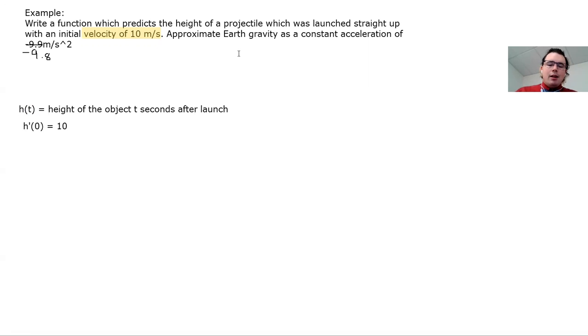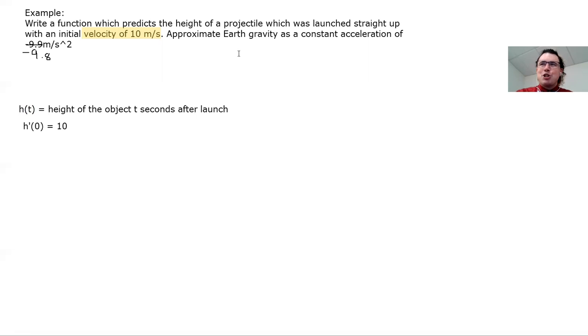However, this setup is telling me that I can approximate gravity in terms of constant acceleration. So near sea level, on this planet of ours, gravity imposes an acceleration of about 9.8 meters per second squared, right?